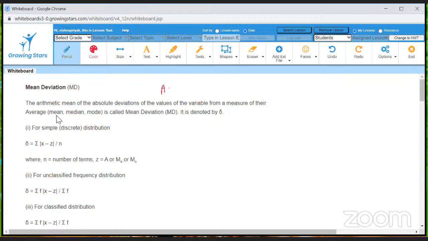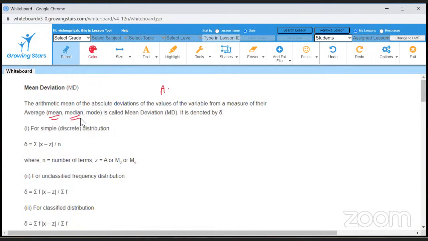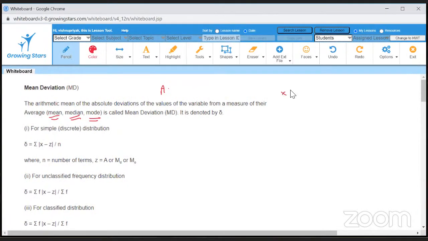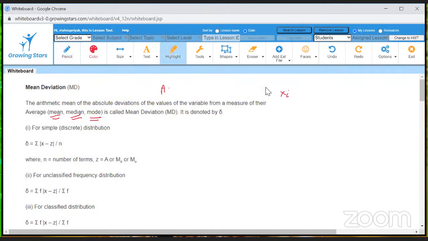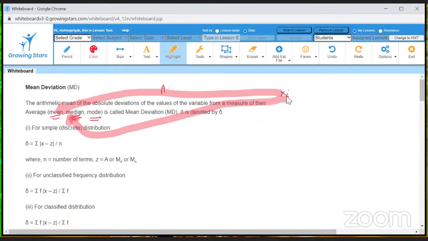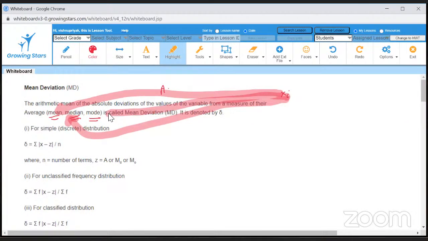When you are finding median, that is the center point for you. Mode, when you are finding, that is the center point for you. Now the different values, xi's, how far they are. Xi is how far from the mean, how far from the median, how far from the mode.